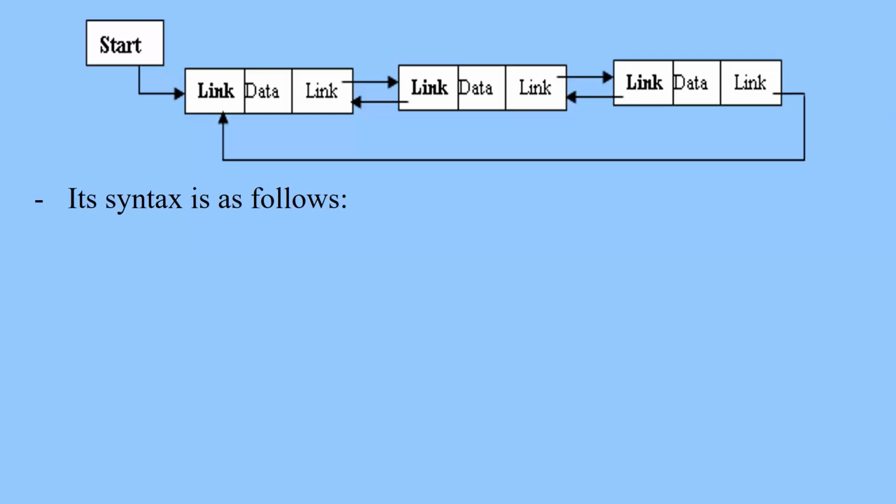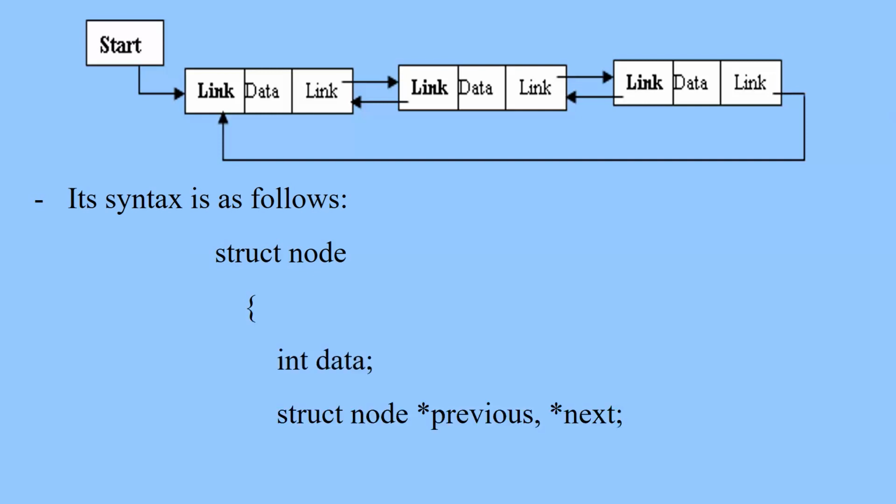So its syntax in C is as follows. My struct name is node. So struct node, it has one member called data of type integer. Then it has 2 members of type node, and they are pointers. One of them is a pointer called previous, and one is a pointer called next, and they are of type node.